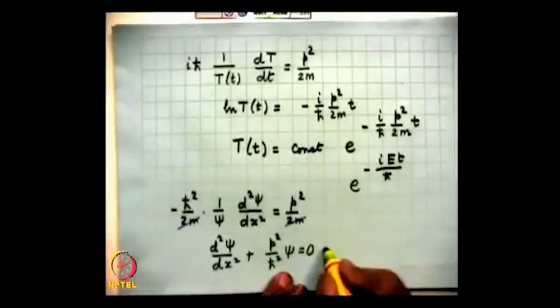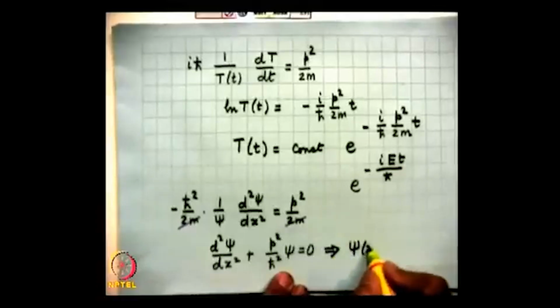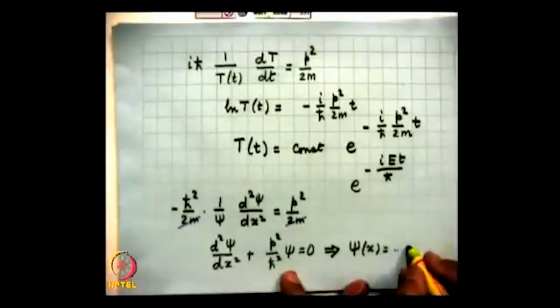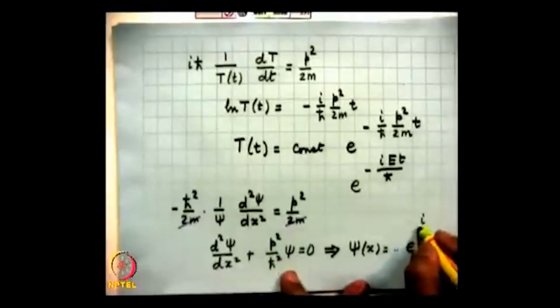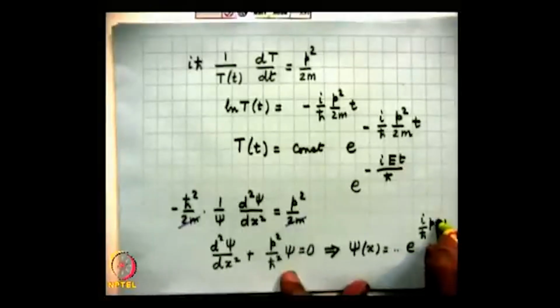And the solution of this equation is trivial, very simple. Psi of x is some constant times e to the power of i by h cross times p x, I am sorry.